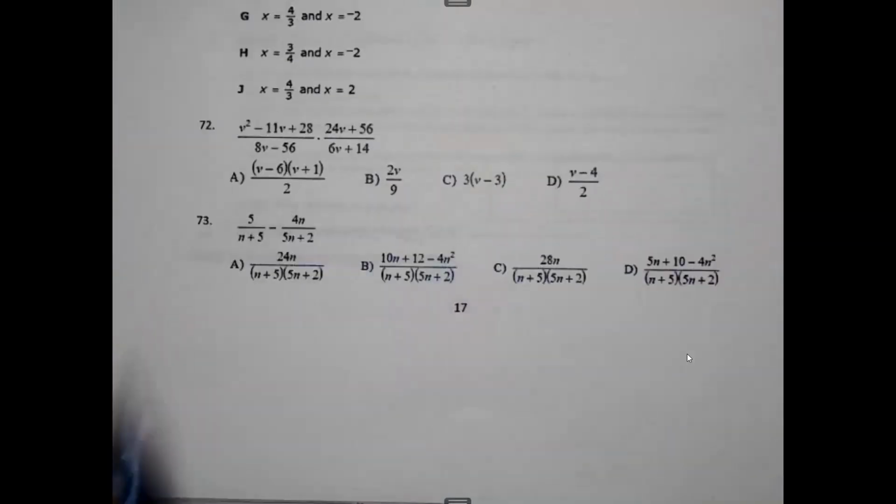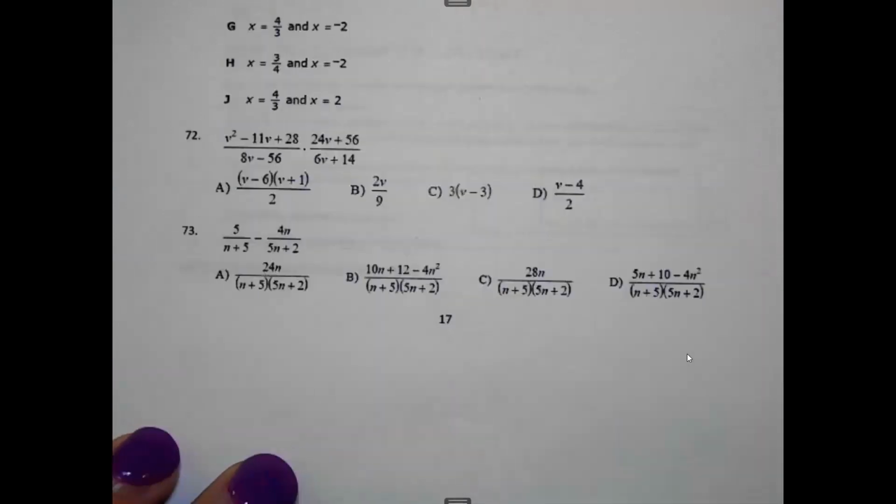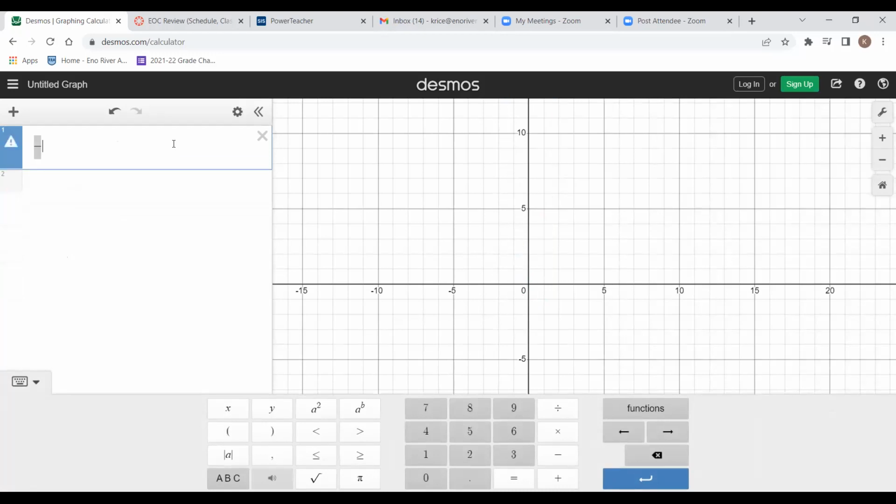Okay, 72. What's the confusion on 72? Typing it in? So we're just graphing the problem, graphing the answers, and seeing which one looks like it should graph identically. You can hit a times in between them. So graph one fraction, graph the other. I would type it just the way it looks.